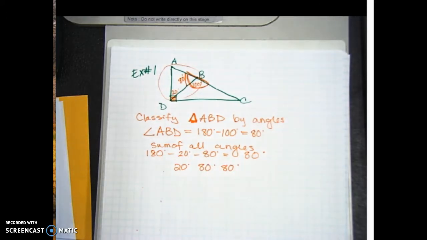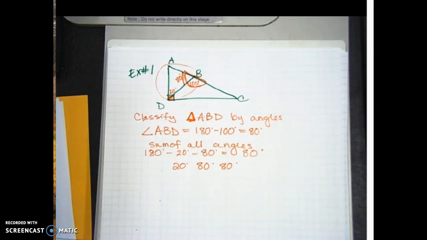So if we look at your little chart, is that triangle by angles going to be the top row or the bottom row? Bottom row. So you need to pick one of the 4 in the bottom row. Is it acute, equiangular, right, or obtuse? Acute. It is acute.